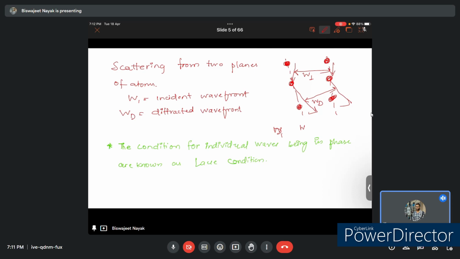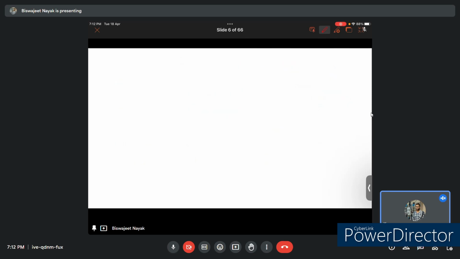To simplify this diffraction scattering phenomenon, we'll consider it in vector form. Let's say the incident vector is k1 and the diffracted vector is kd, and the angle between the incident and diffracted vectors is 2 theta, and capital K is the resultant wave vector.